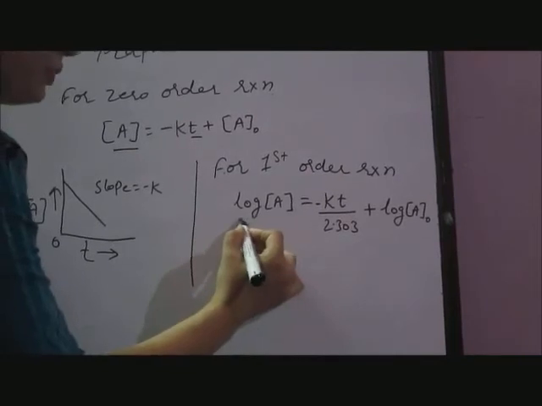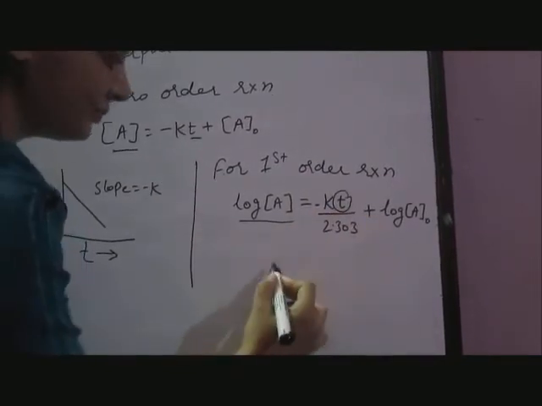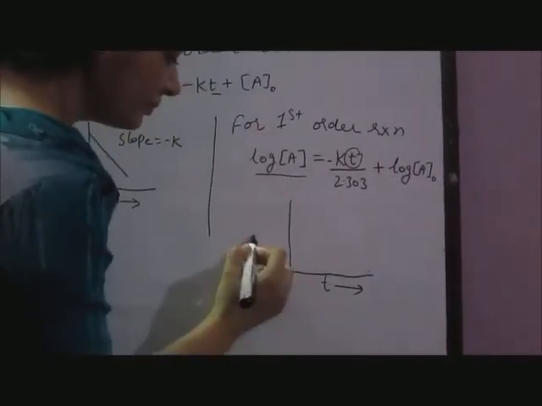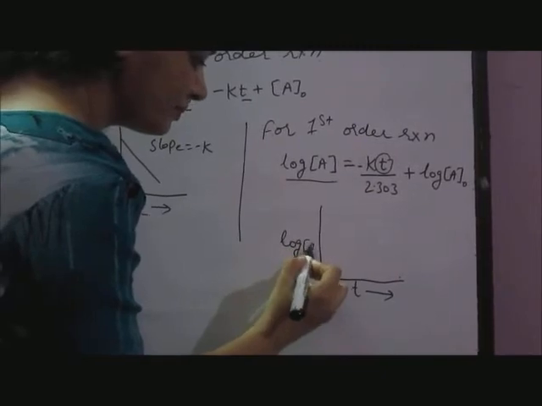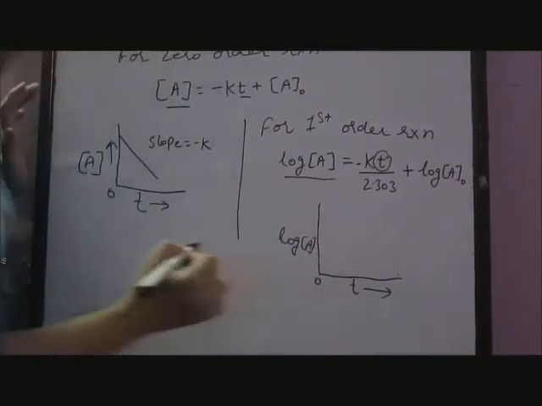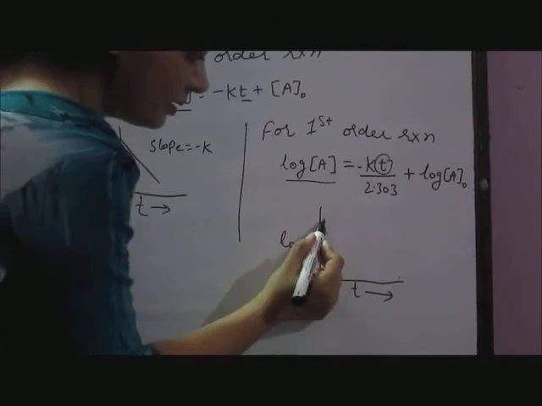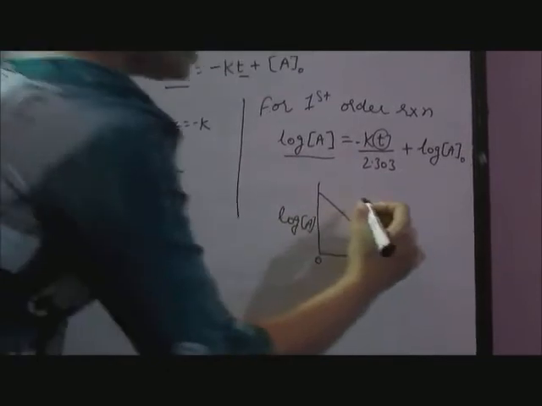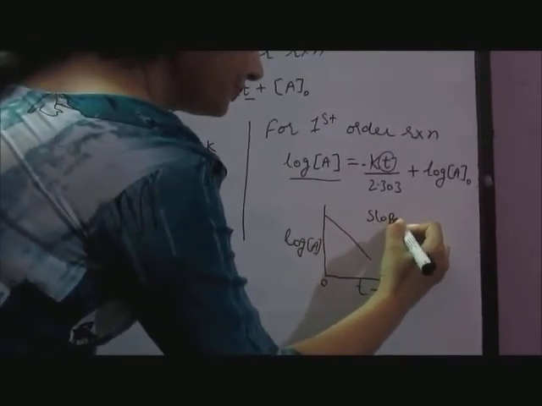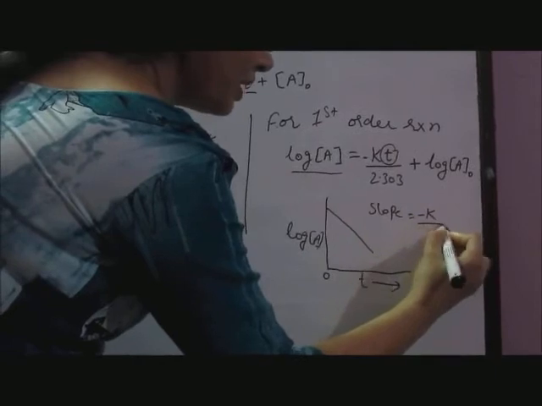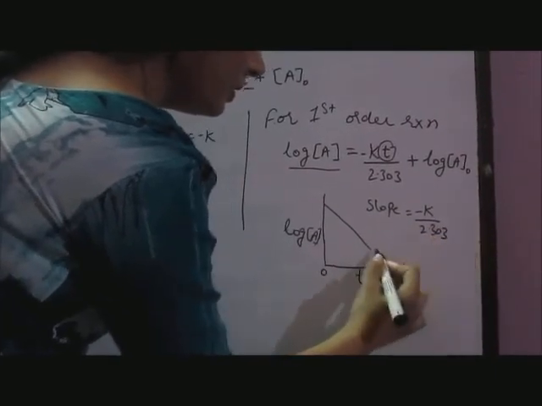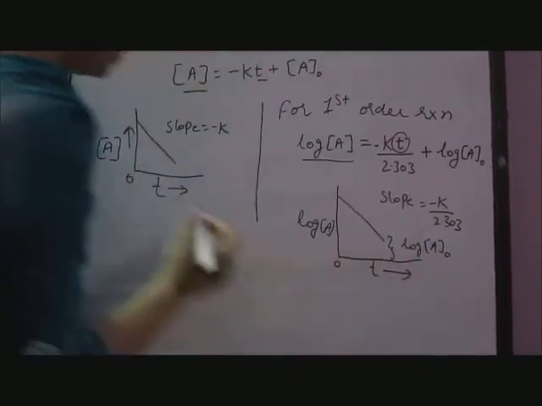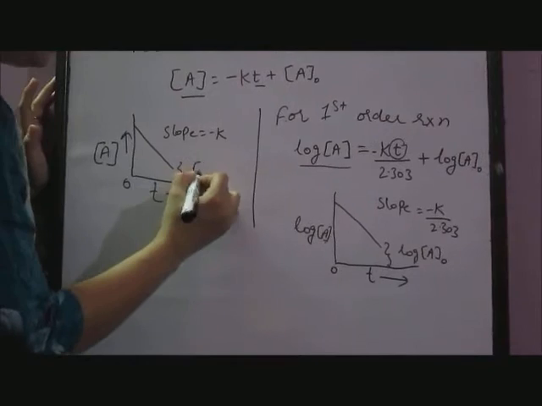If we plot a graph between log A and time for a first order reaction, this also comes out to be a straight line graph with negative slope, that is minus K upon 2.303, with intercept log A naught. Here the intercept is log A naught.